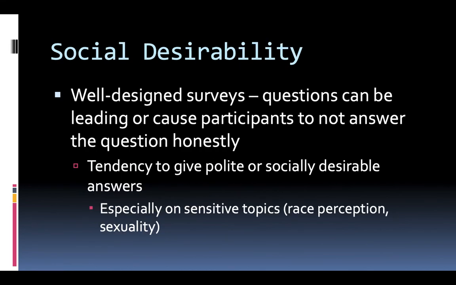We also have to be careful about social desirability. We have to be careful about the type of survey that we're using and making sure that our questions are written properly. Questions can be leading or cause participants to not answer honestly.